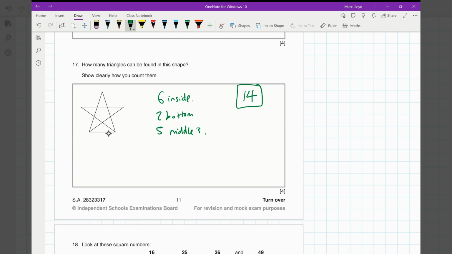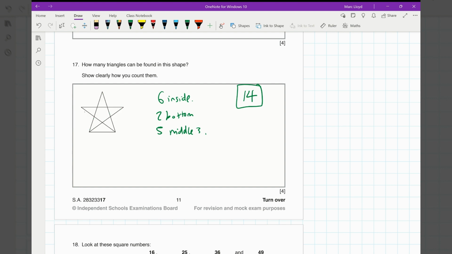Goodness me, I've lost it. I've forgotten which ones I've shown you. So 1, 2, 3, 4, 5. There's 5 in there.